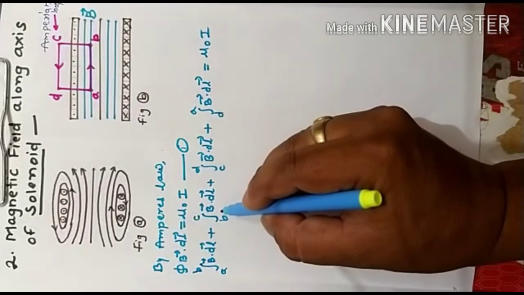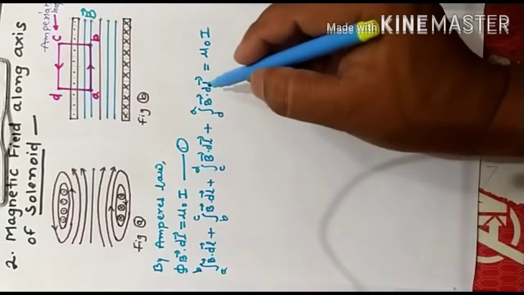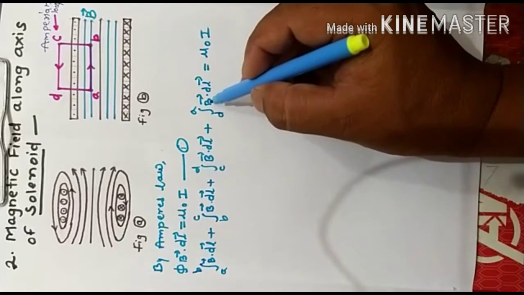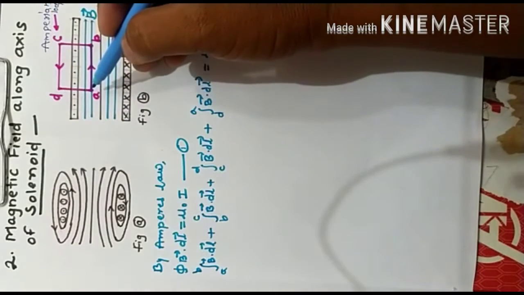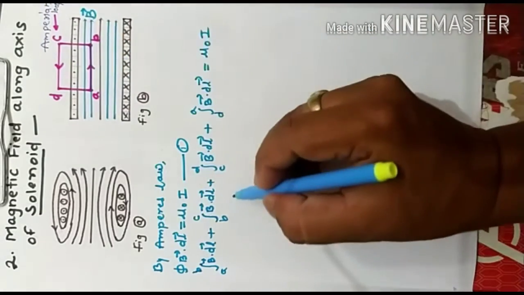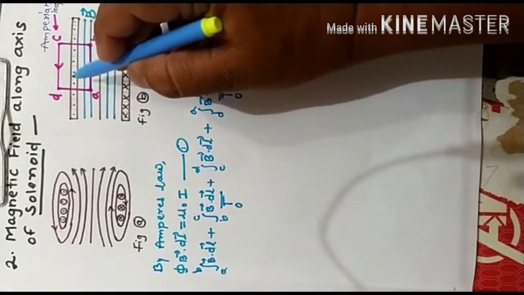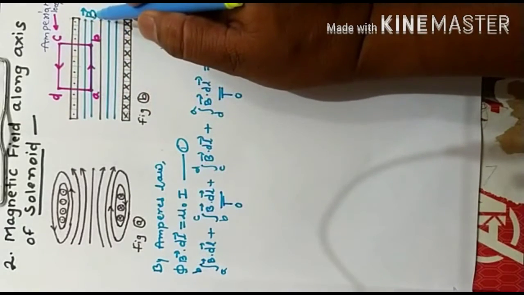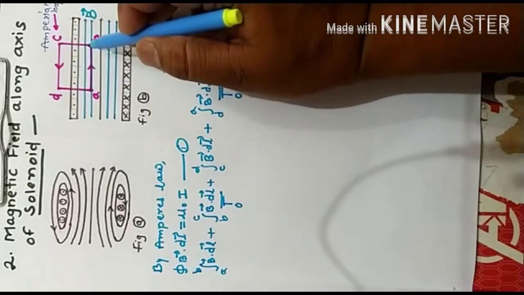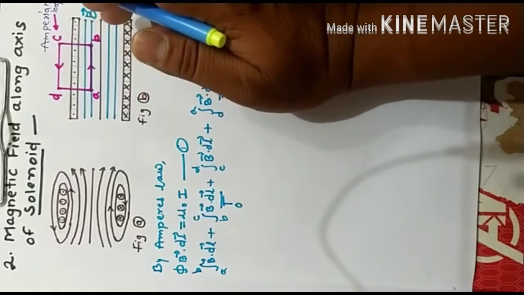The second term, integration over vector B dot vector dl for the side BC, and the fourth term, integration over vector B dot vector dl for the side DA, will become 0, since the sides BC and DA are perpendicular to the direction of the magnetic field, and therefore the angle theta between the direction of magnetic field and the length dl for sides BC and DA is 90 degrees.